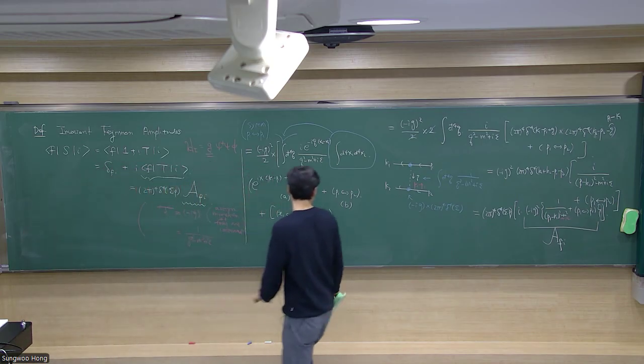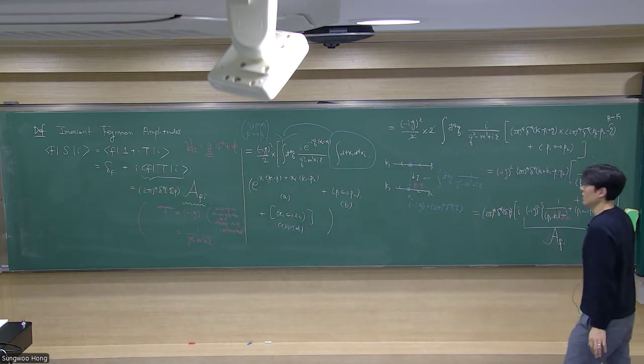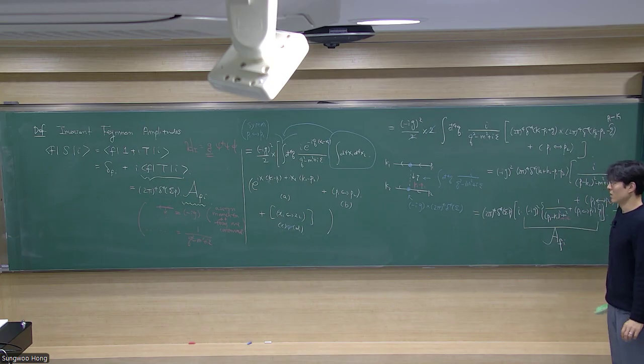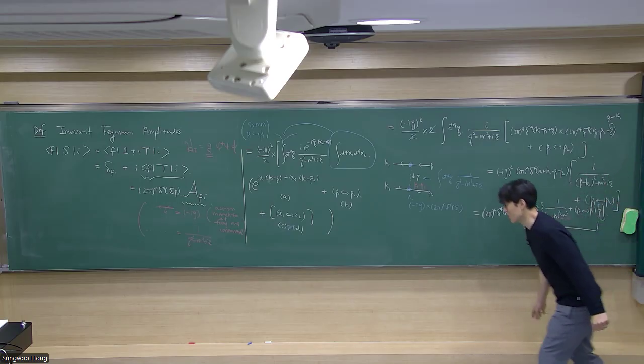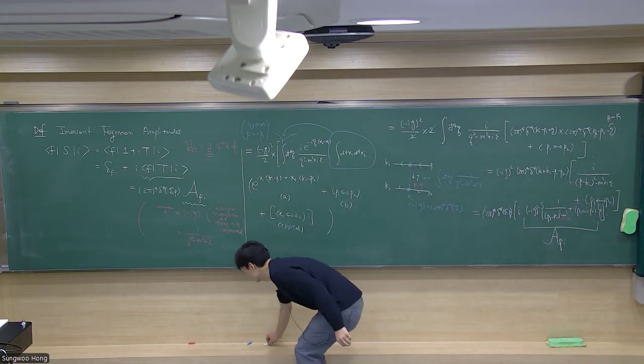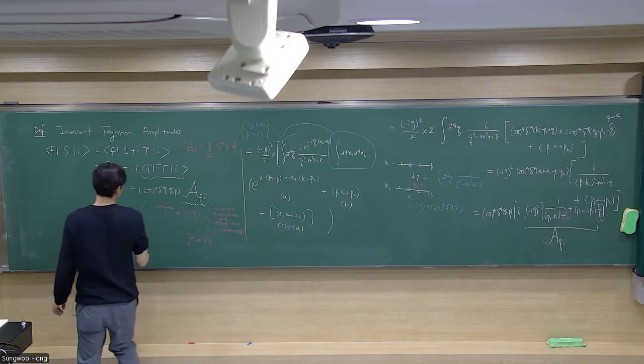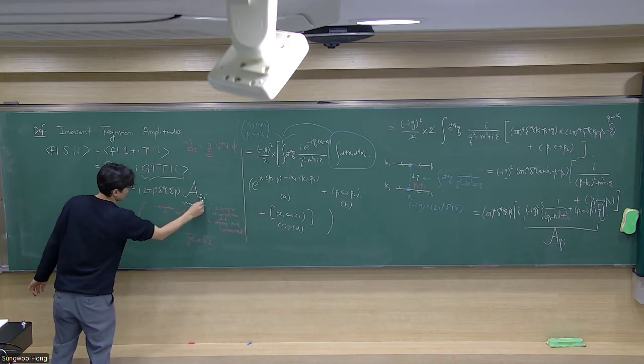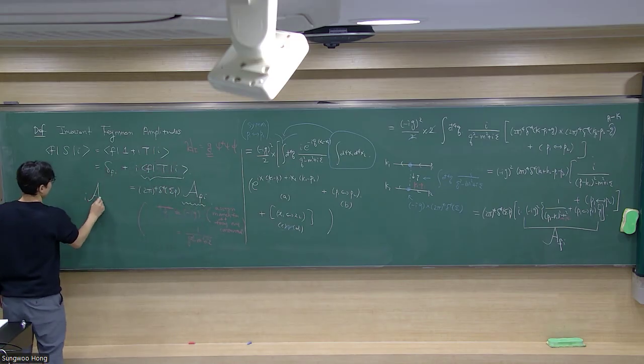Good. Now, let's enjoy the physics. Yes? Why are we dropping the i in the propagator? Yeah, because I was giving you the Feynman rules for just A_fi instead of i times A_fi.